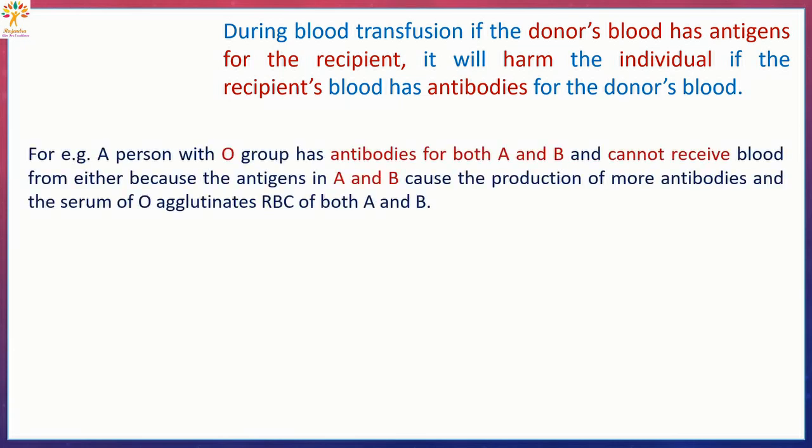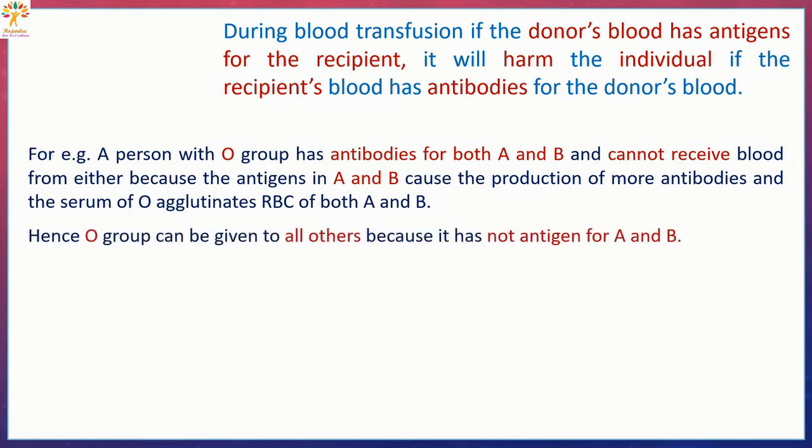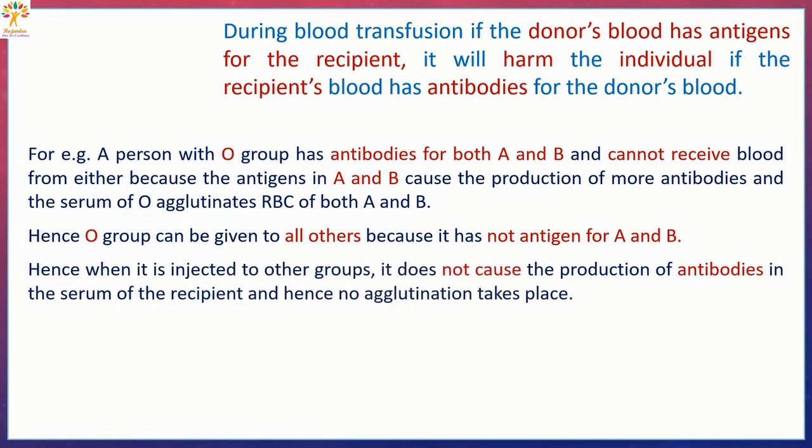So, take an example: a person with O group has antibodies for both A and B and cannot receive blood from either, because the antigens A and B cause the production of more antibodies and the serum of O agglutinates the RBCs of both A and B. Hence, O group can be given to all others because it has no antigen for A and B. So when it is injected into other groups, it does not cause the production of antibodies in the serum of the recipient, and hence no agglutination takes place.